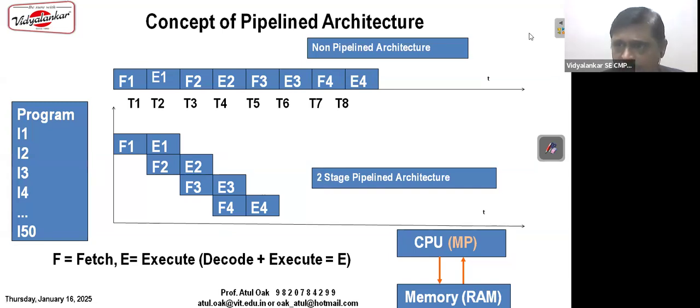The answer is, if you observe very carefully here, simultaneously I'm doing 2 tasks. I'm doing fetching and I'm doing decoding and execution. That is called 2-stage pipeline, because there are 2 tasks which are happening simultaneously.